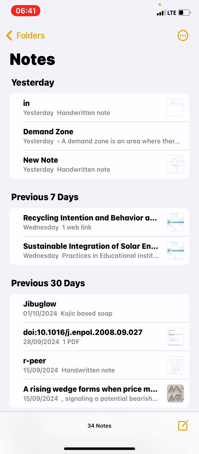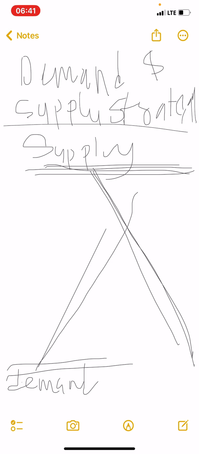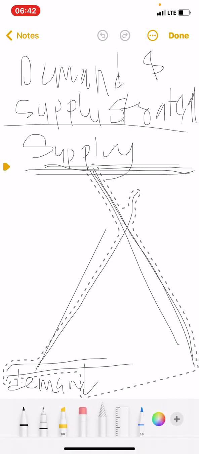So I'll go over to my board to just give an illustration. So here, in essence, this is what I mapped out when I was giving the definition of the demand. Let me clean it actually.